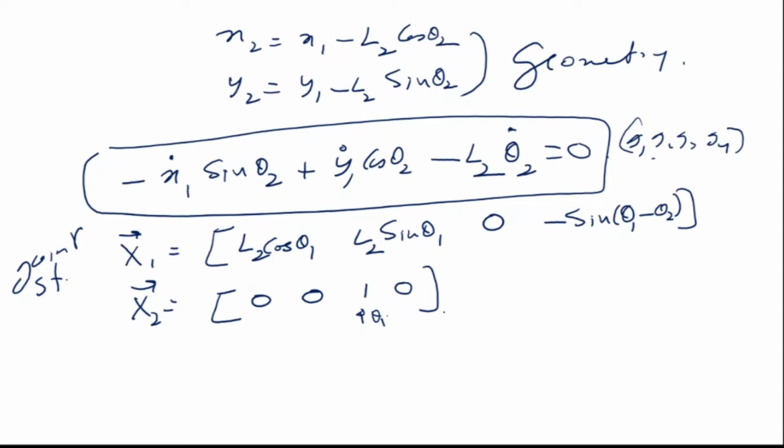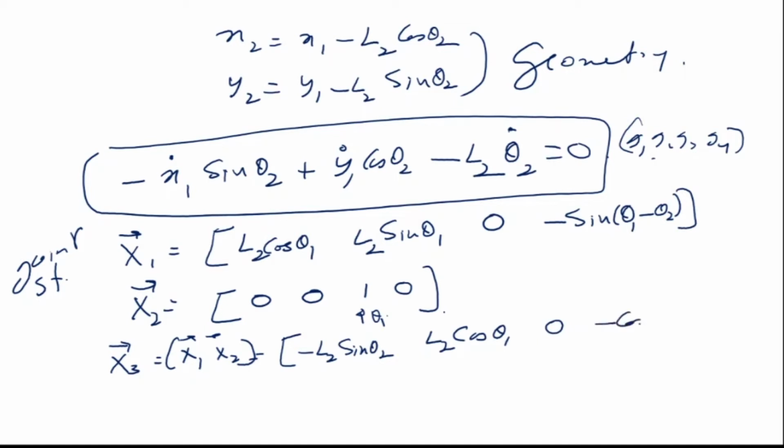Now if I use Lie brackets, x3 is equal to the Lie bracket of x1 and x2, and this generates another vector field which is L2 sine theta 2, L2 cos theta 1, 0, minus cos theta 1 minus theta 2.